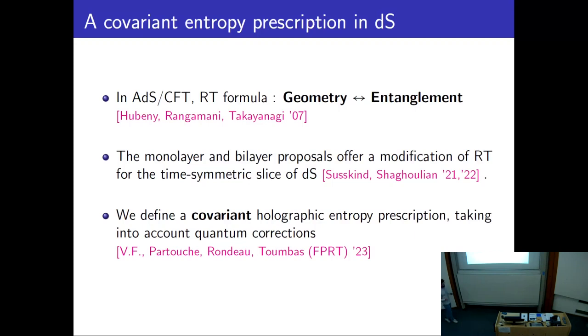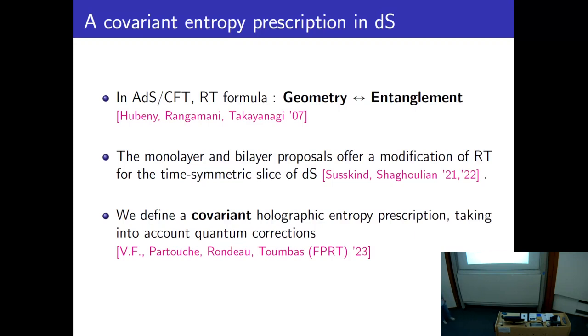These two give nice results. For example, they recover the Bekenstein-Hawking formula. However, they have two main weaknesses. The first one is that they are only valid on the time symmetric slice because they don't take into account the non-trivial evolution of de Sitter space. And they also don't take into account quantum corrections coming from bulk fields. And we will see that it's quite important.